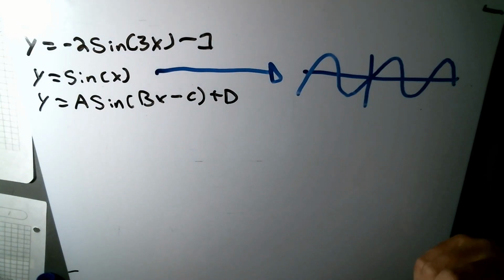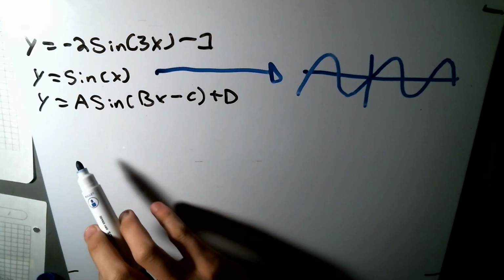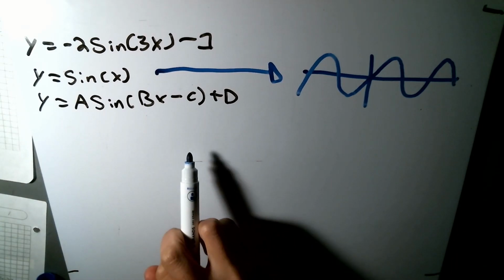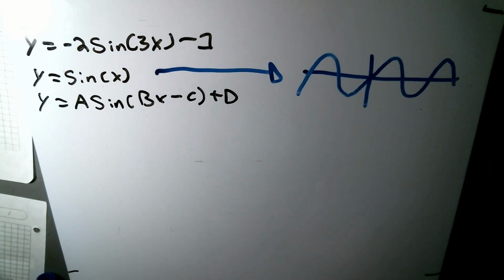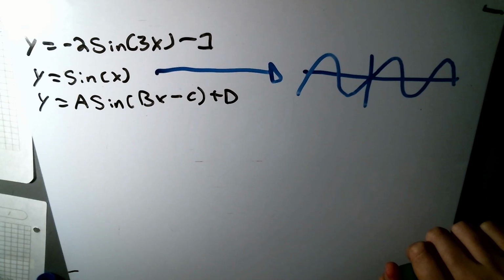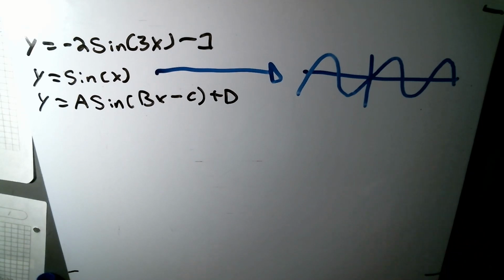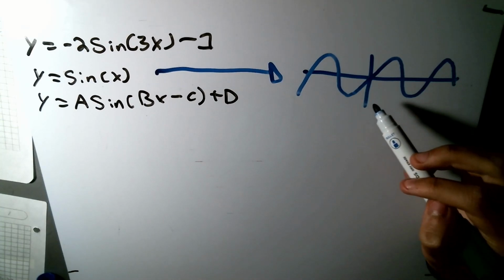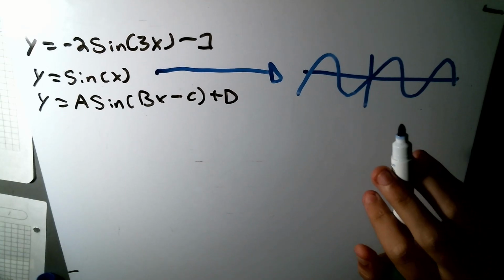So now I'm going to explain how a, b, c, and d, these four values, transform this sine function into something that looks a bit like this, but not quite.